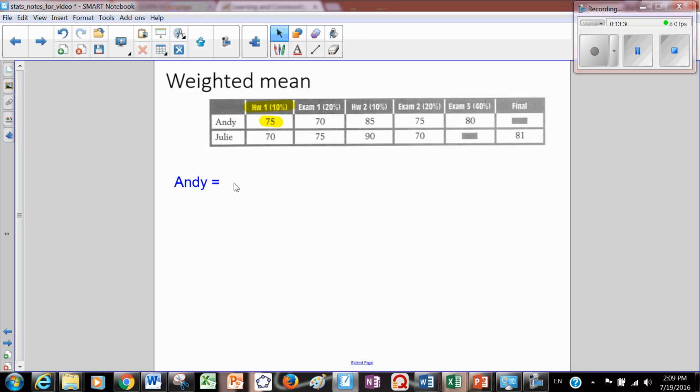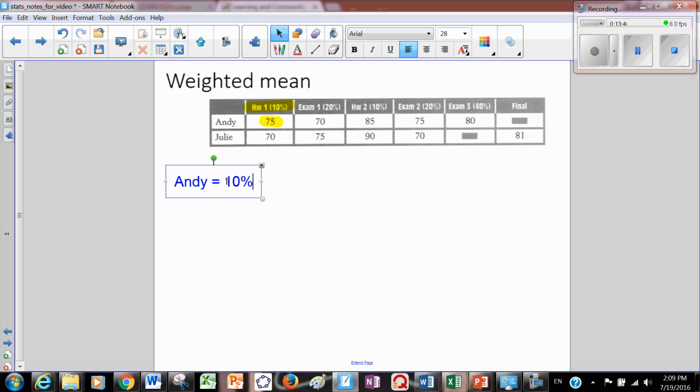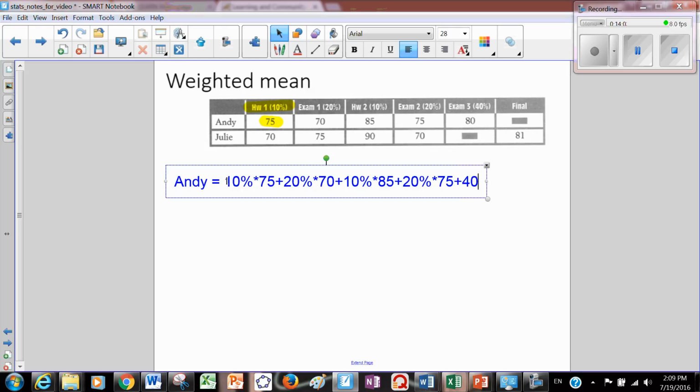So when you're going to calculate here for ND, you're going to write 10% times 75 plus the second one is 20%, but he got 70 on that one. The next one is 10% and he got 85. The next one is 20% and he got 75. And finally, the last one is 40% and he got 80.